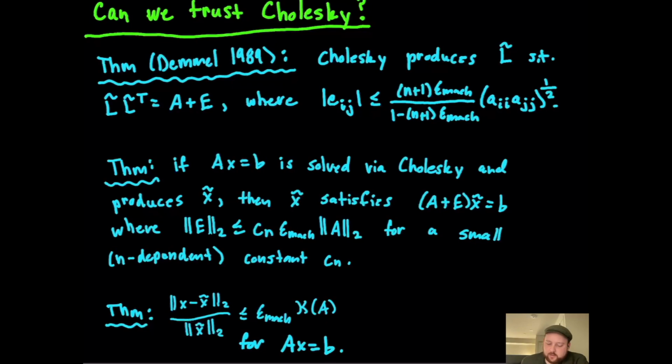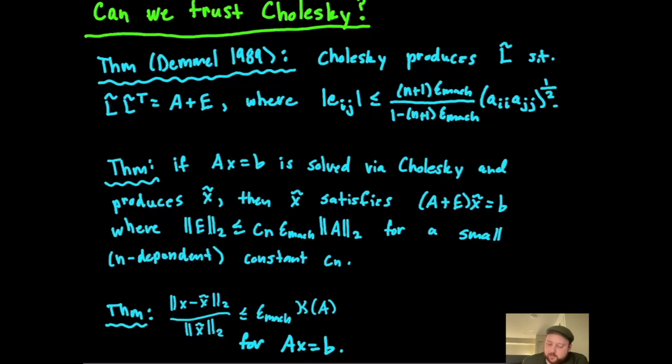And so what this next theorem says is actually talking about solving linear systems. Right? What this theorem says is that if I take Ax equals b, where A is SPD, and I solve it using this Cholesky method, it's going to give me a computed x tilde. And what's going to be true about this x tilde is that it satisfies some exact equation with a perturbed matrix, right? So this is your backward error result, like we talked about earlier in the class. It's what is the perturbed input for which the solution is exact.